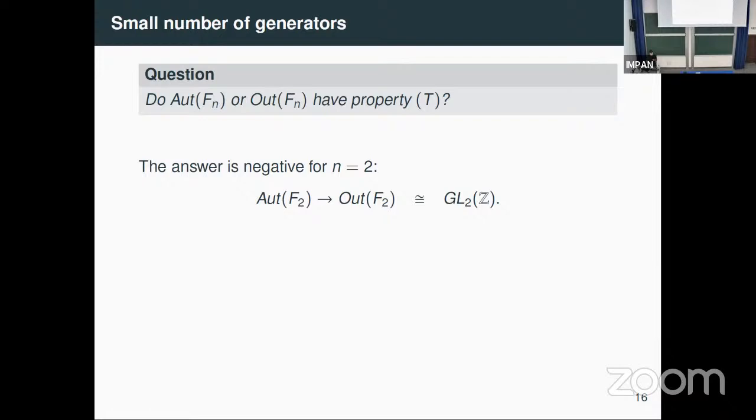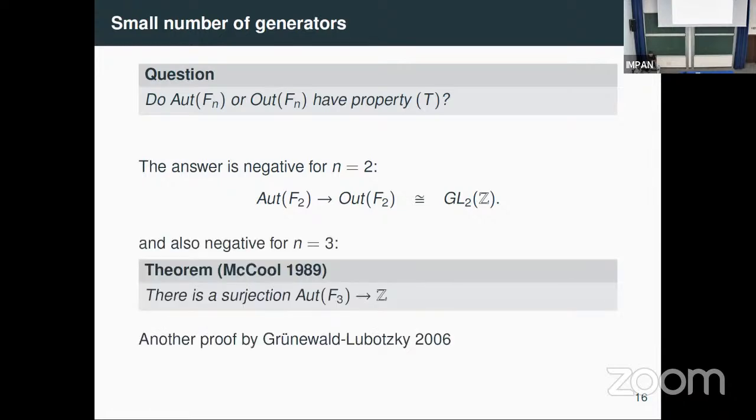For n equal to 2, Aut(F2) surjects onto Out(F2), and Out(F2) is GL2(Z). Property T passes on to quotients, which is easy to prove. We know that GL2(Z) does not have property T. So here it was negative, and it was also negative for n equal to 3.